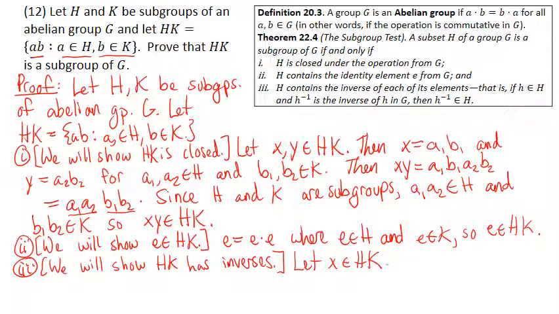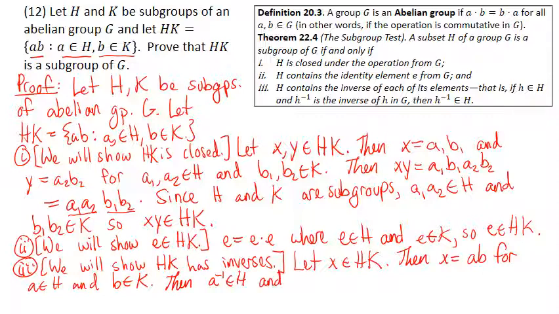Okay, so then X has the form AB for A in H and B in K. Okay, so then we know that A inverse is in H and B inverse is in K.